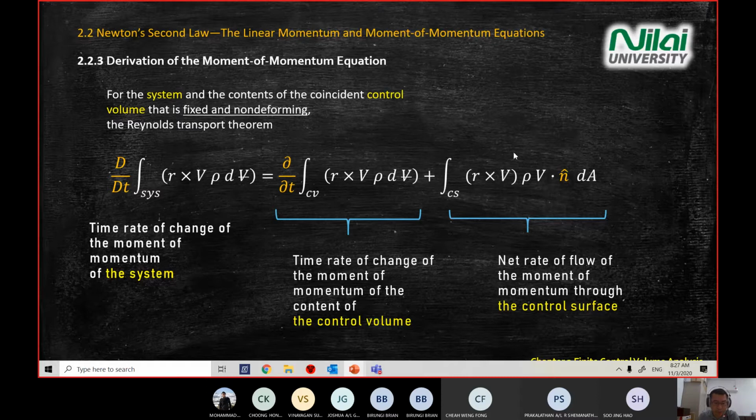This equation, d over dt integrate over the system of r cross V rho dV, equals CV plus CS. This one applies to a fixed and non-deforming control volume. When you see these three items, you should be able to tell that this is the Reynolds transport theorem.